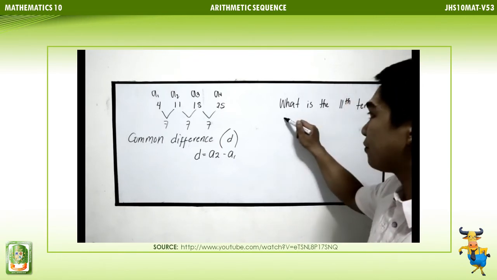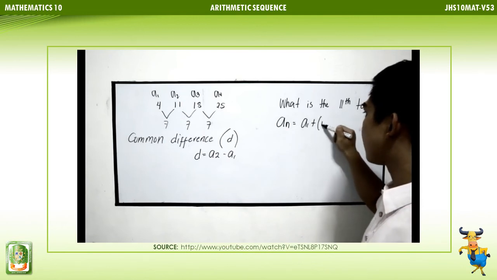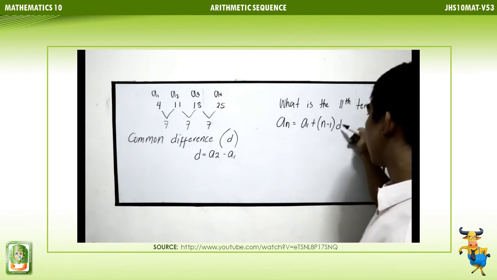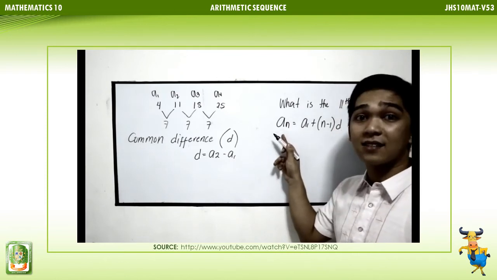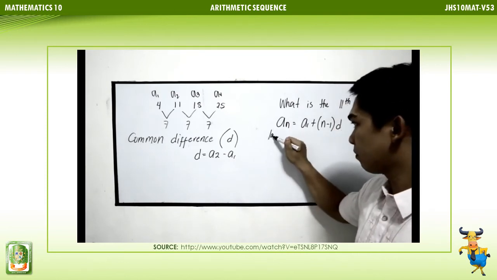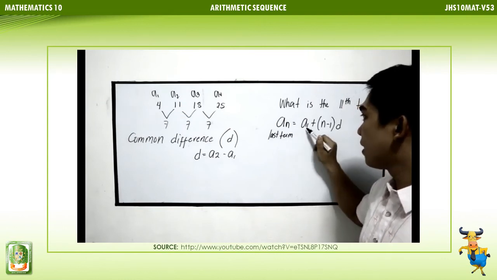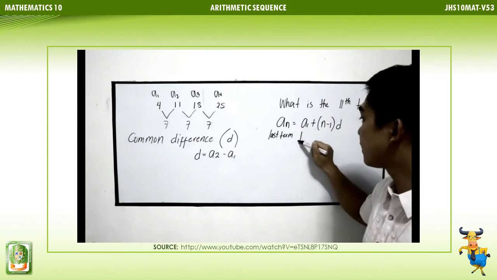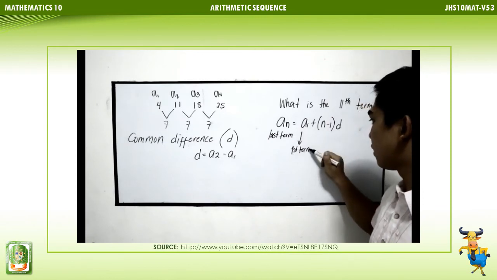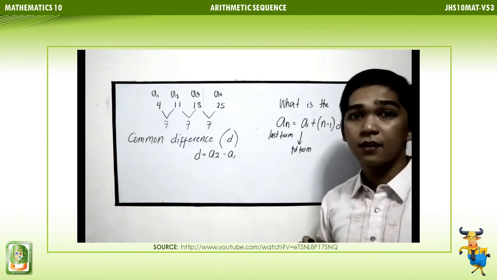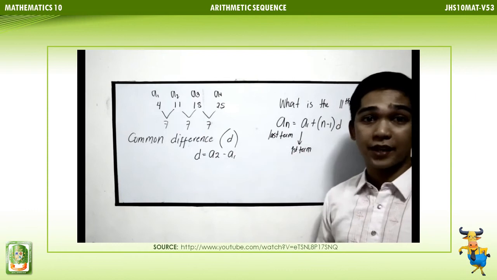We have the an formula: an is equal to a1 plus n minus 1 times d, wherein an is the nth term, a1 is the first term, n is the term number, and d is the common difference.